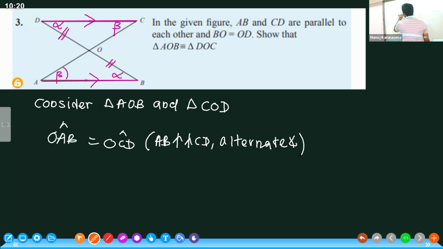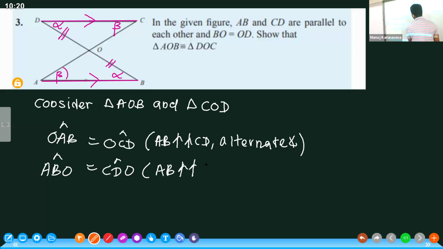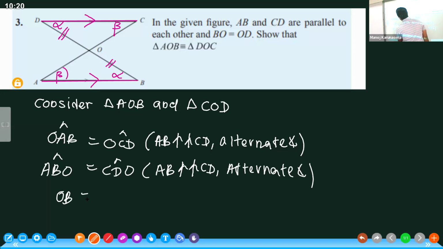Angle OAB equals angle OCD. Reason: AB is parallel to CD, alternate angles. Then OB equals OD.